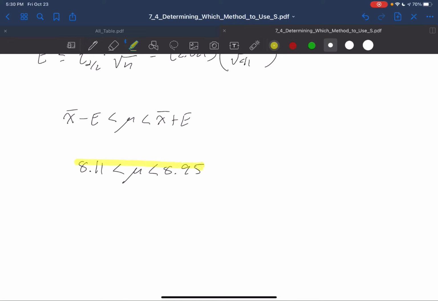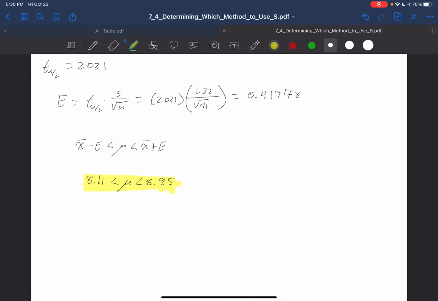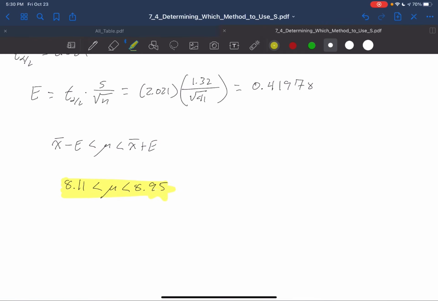So here is our confidence interval. But the one thing we actually care about is how to interpret this.